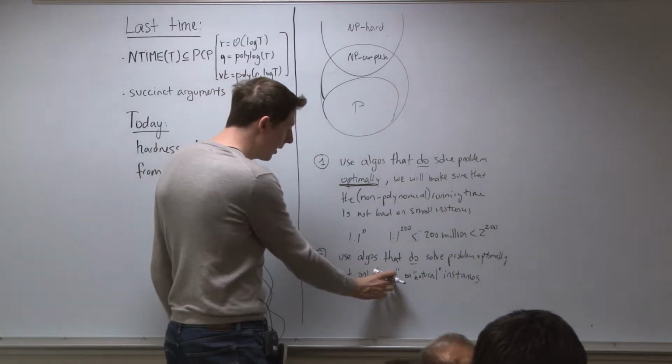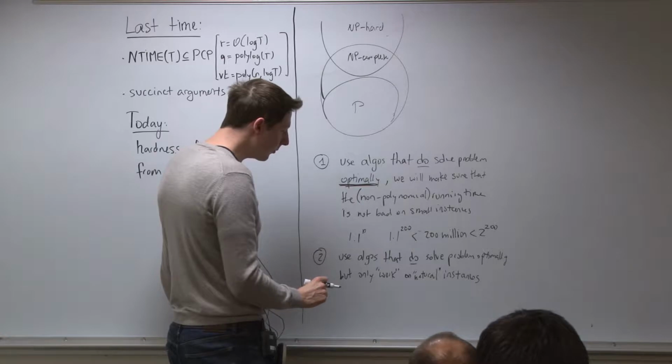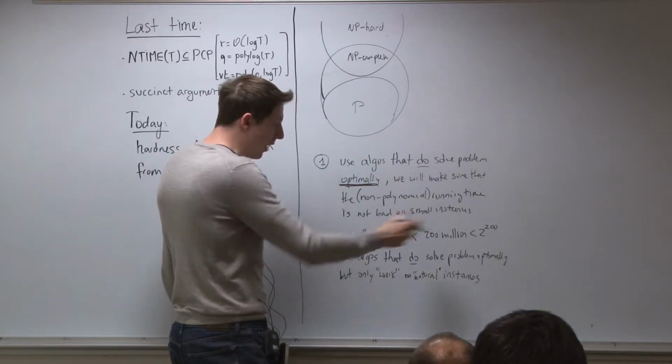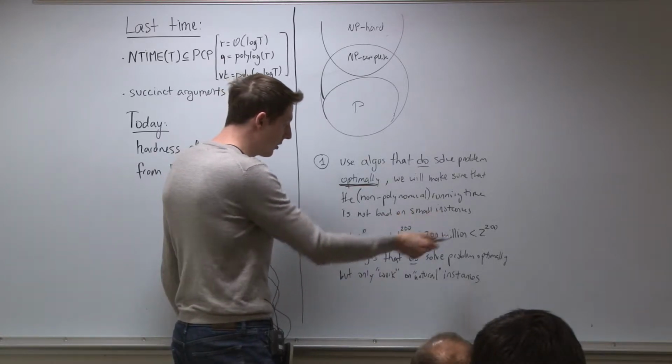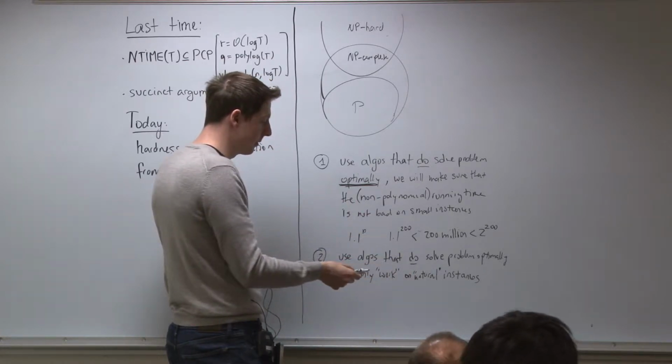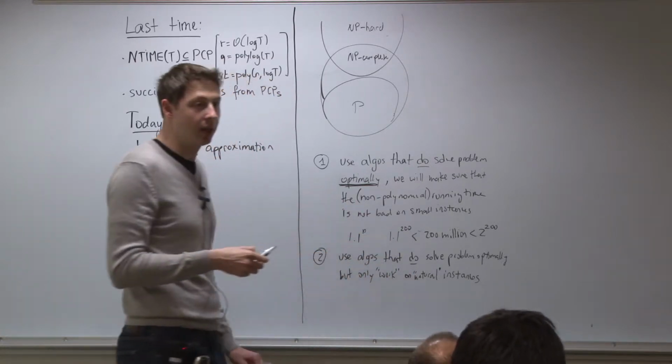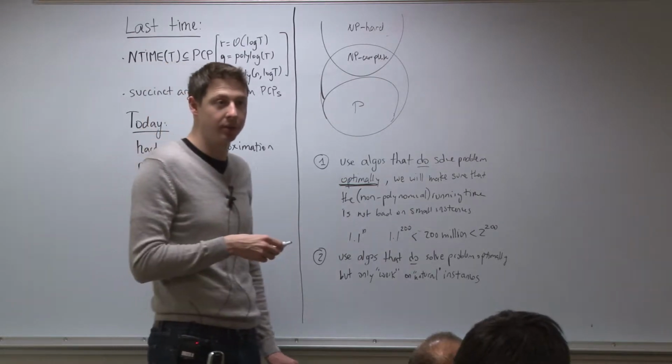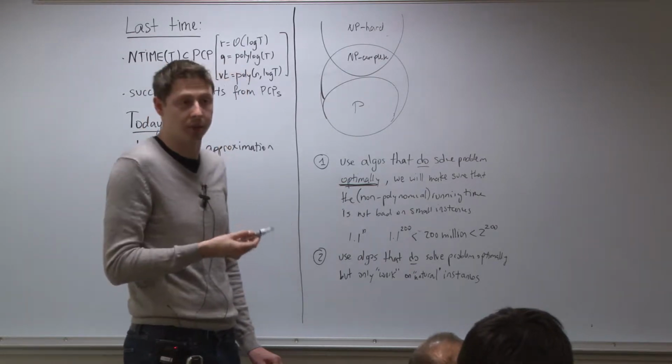So by work here, I mean that they will output an optimal solution in polynomial time, and maybe on non-natural instances, they will either run a long time or will output things that are not optimal, okay?